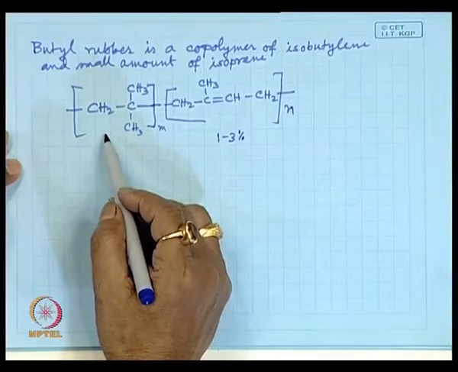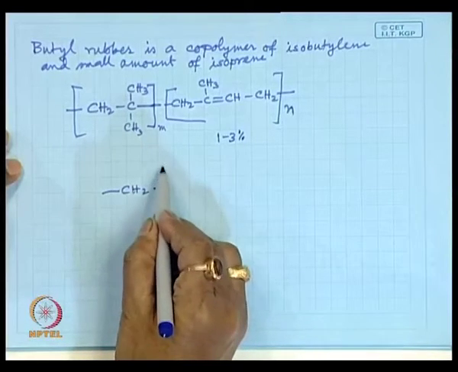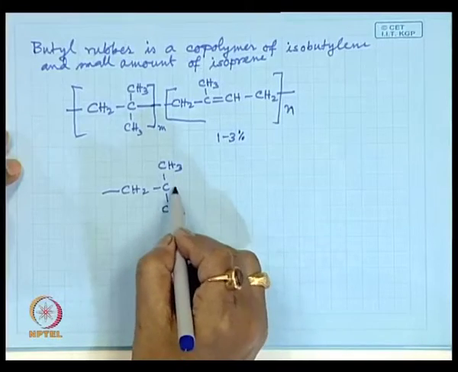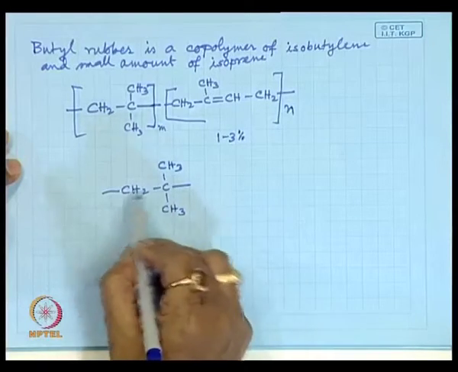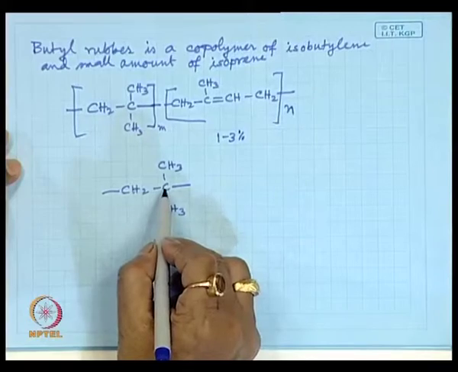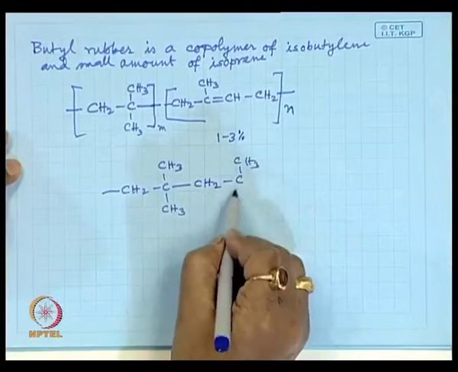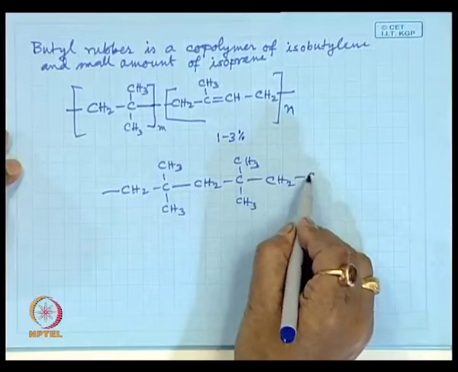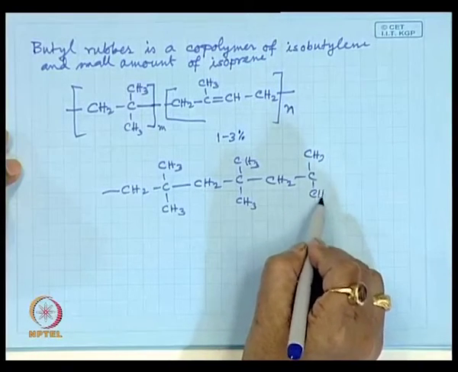Why is that required? Now, if you take a polymer of this isobutylene, what does it indicate? The backbone is saturated. Please note it, this backbone is saturated. If you continue to increase the number of units, the backbone remains saturated.